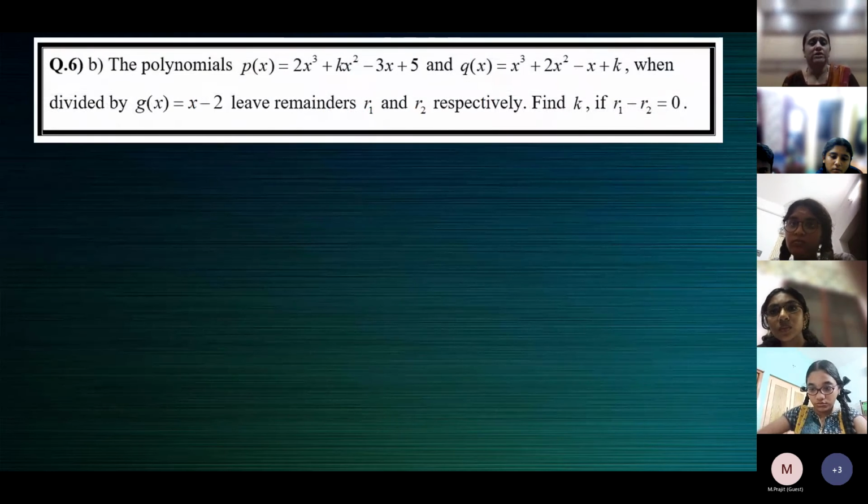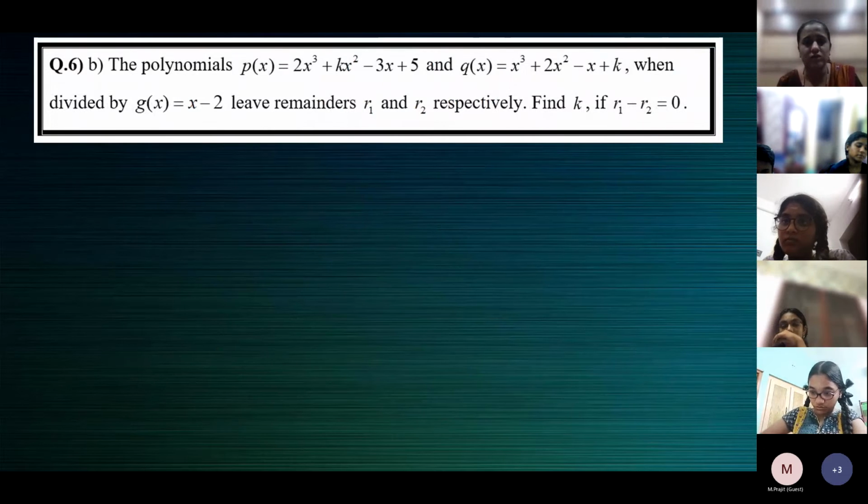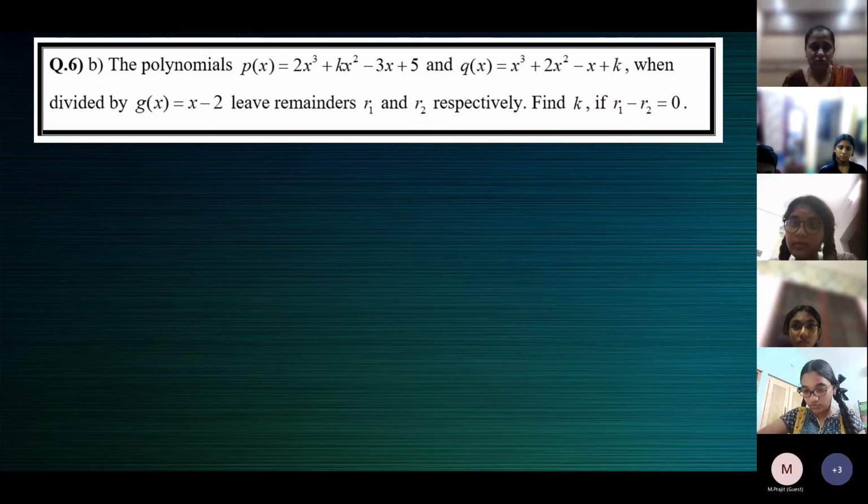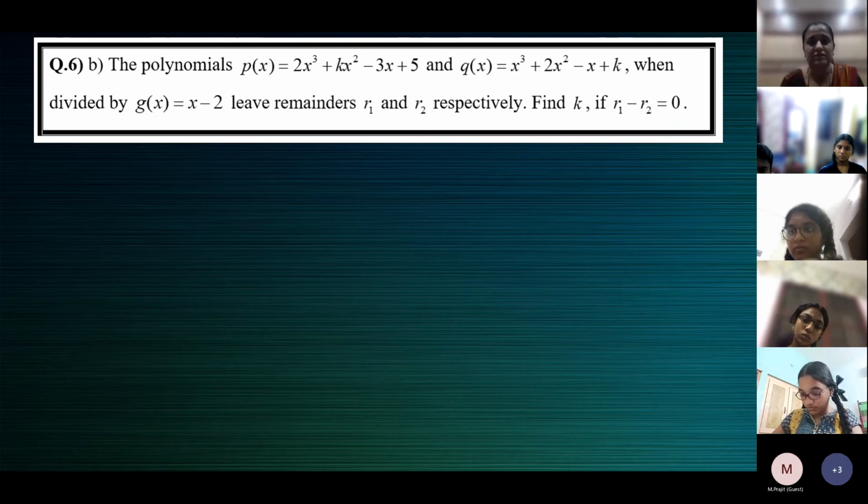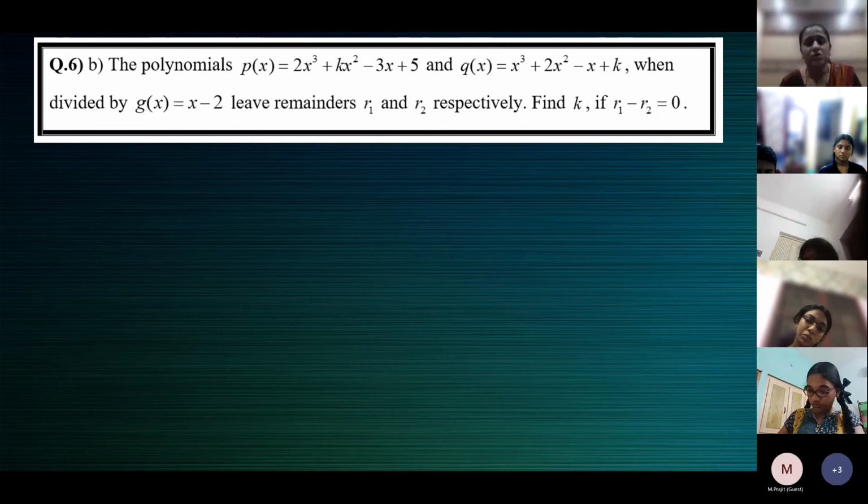The polynomials P of X and Q of X, whatever is given there, when divided by G of X, X minus 2, leave remainders R1 and R2 respectively. That means when you divide P of X by G of X, the remainder is R1.